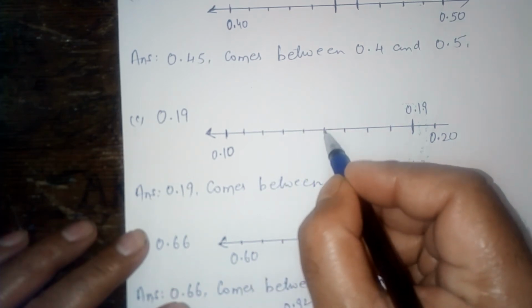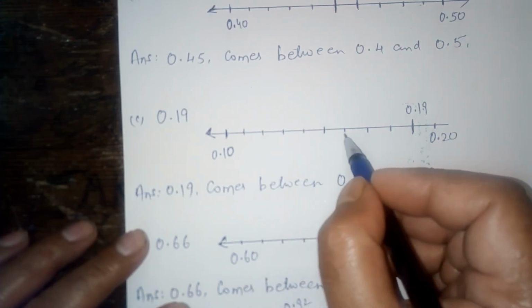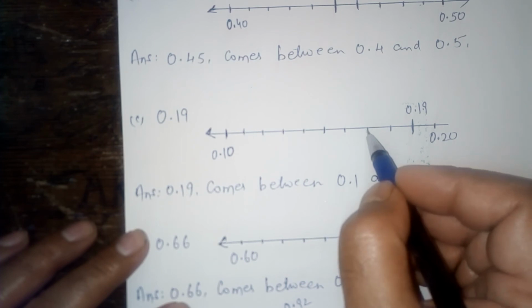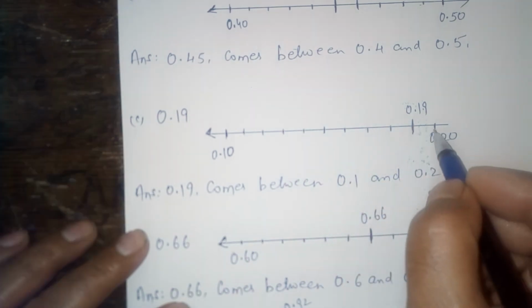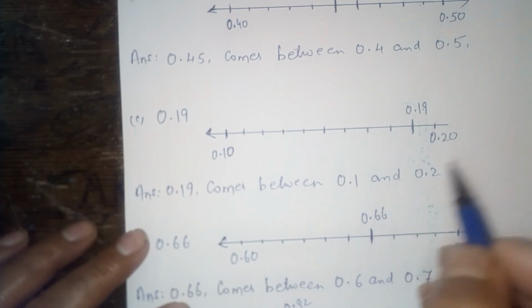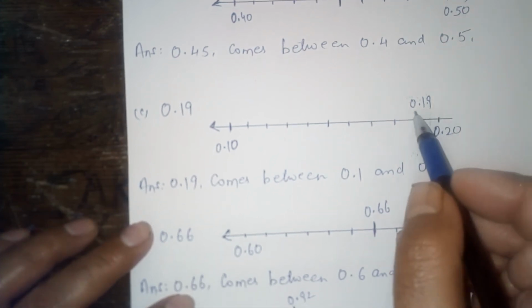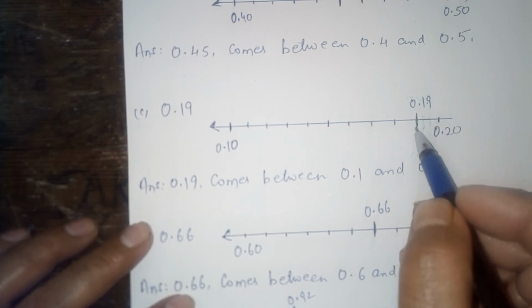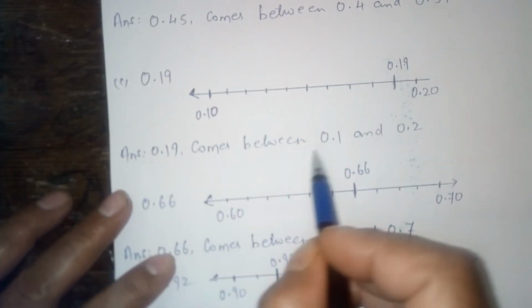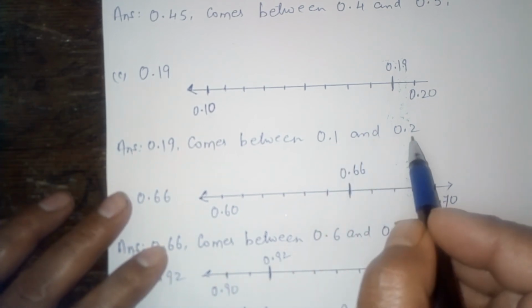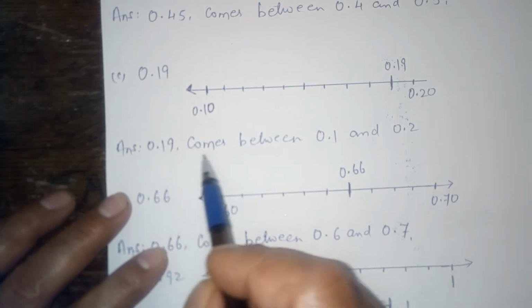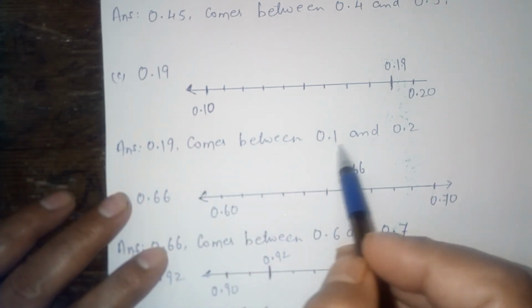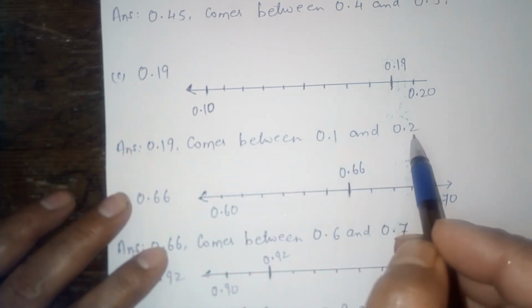This is 0.15, 0.16, 0.17, 0.18, 0.19, and this is 0.20. The meaning is 0.19 comes between 0.1 and 0.2.